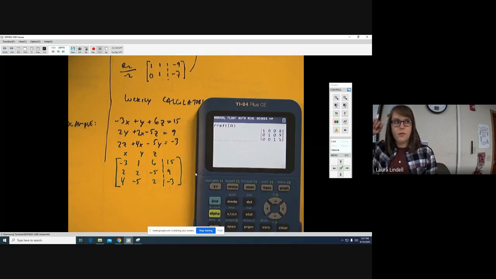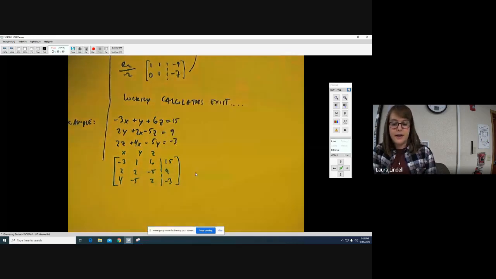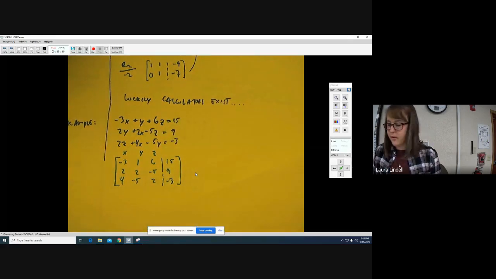Once you've got your reduced row echelon form matrix, go ahead and write that down in your notes.